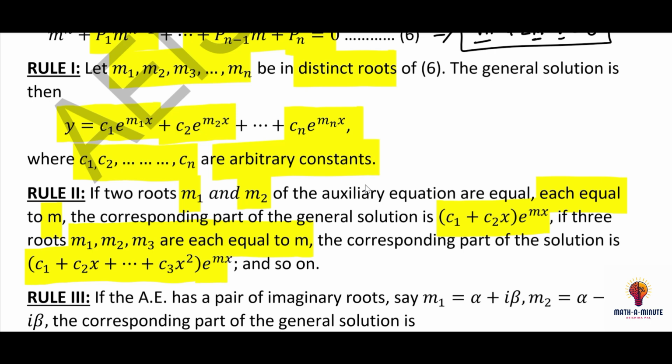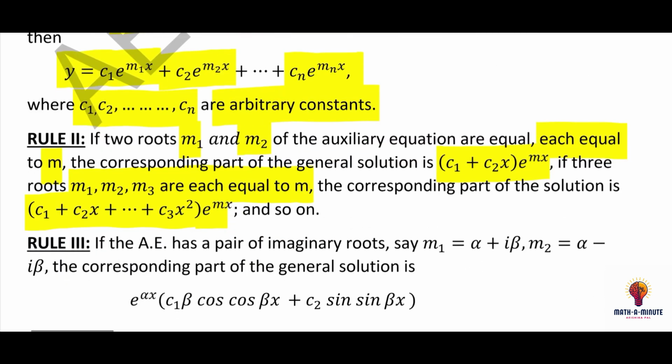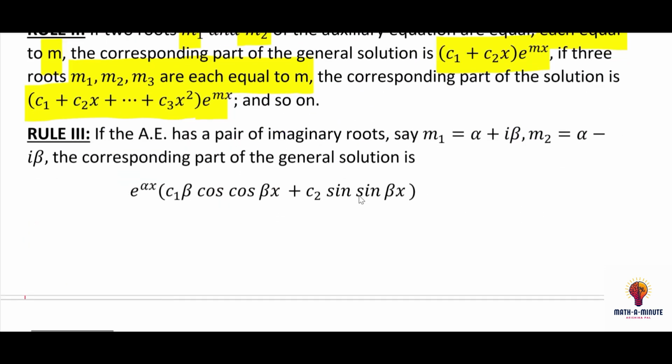So there are these cases of real roots, and suppose for any differential equation we get a complex root. It is obvious that the complex root will come with its conjugate. So if one root is alpha plus i beta, then the other root will be its conjugate, alpha minus i beta.